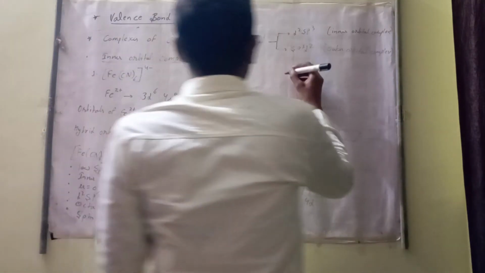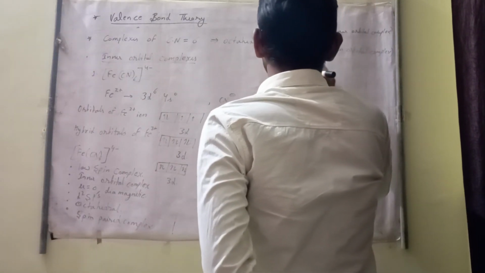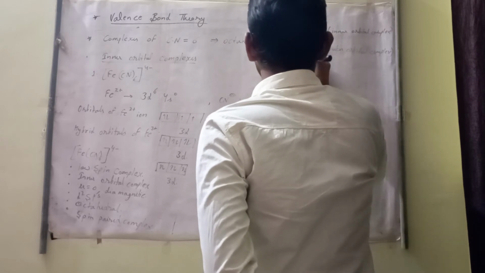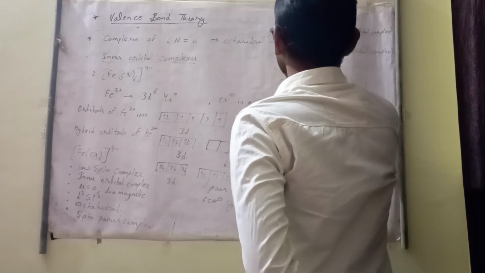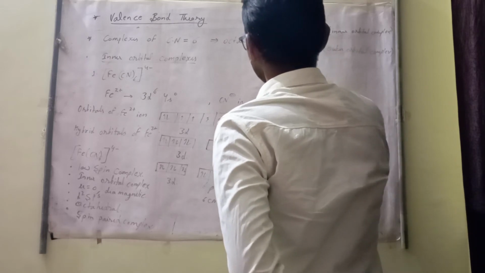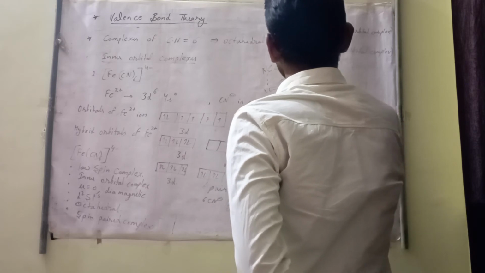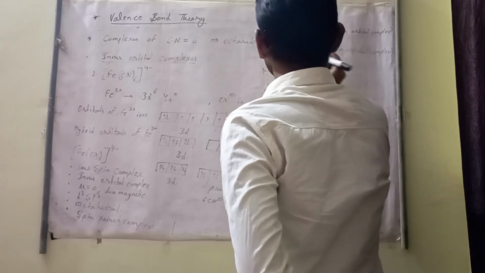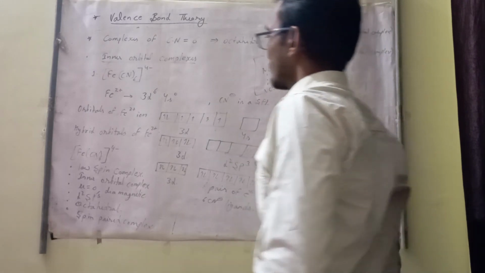Draw the structure. Fe, CN, CN, CN, CN, CN, CN, 4 minus. Okay.